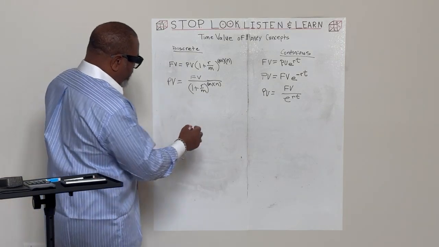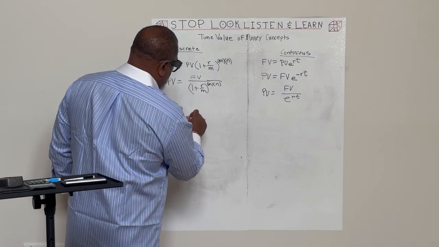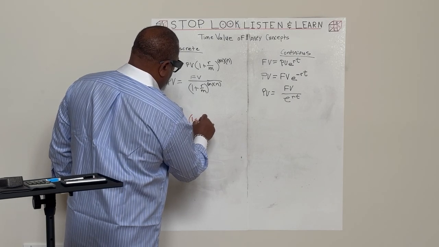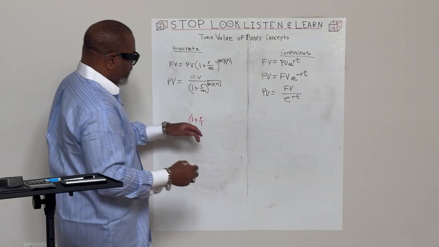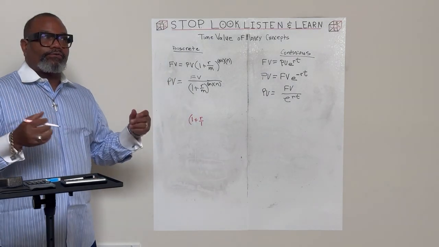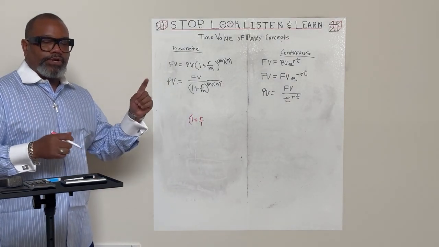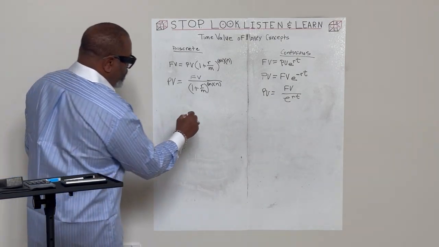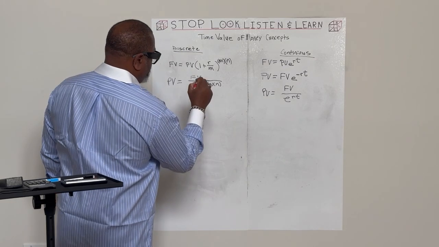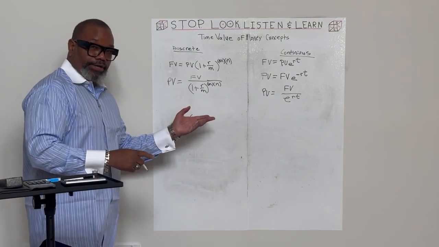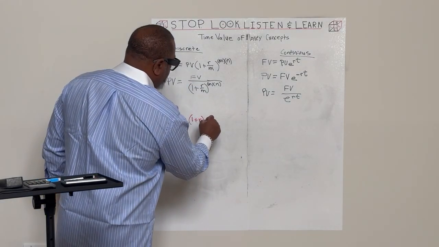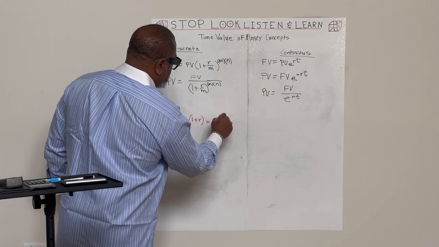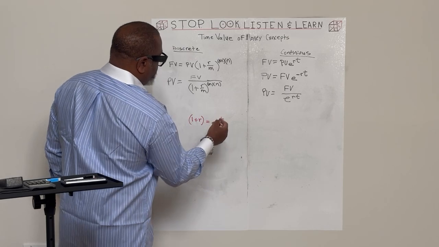So let's say you have 1 plus a rate R. Well, remember the effective annual rate, the compounding is always going to be 1 year, so we don't need to write that, so we just write R. 1 plus R, and then it's 1 year, right? And that is equal to e to the RT, right?